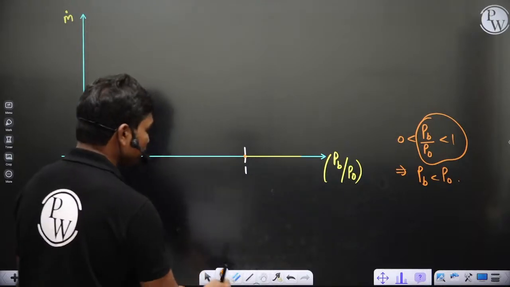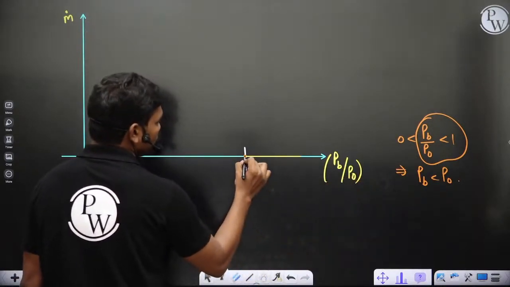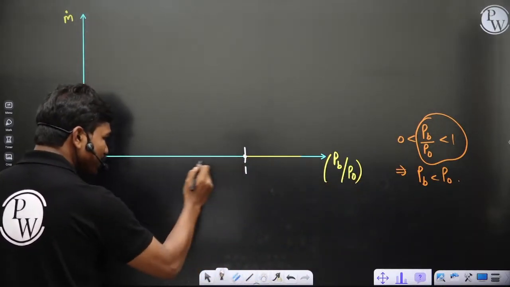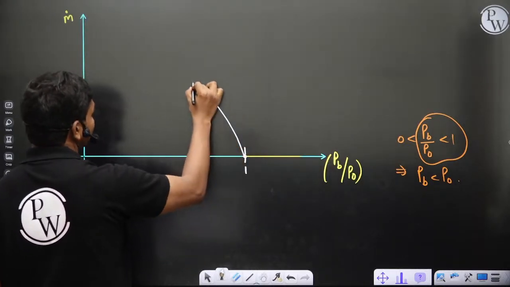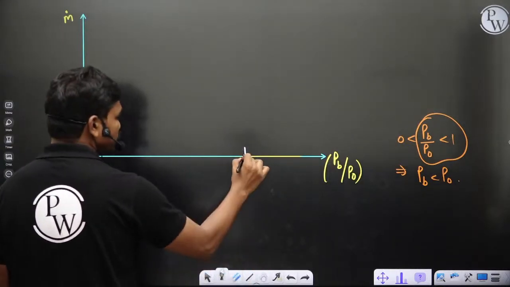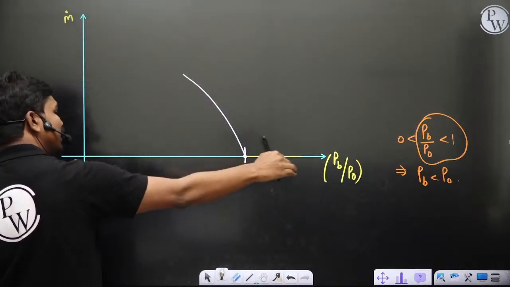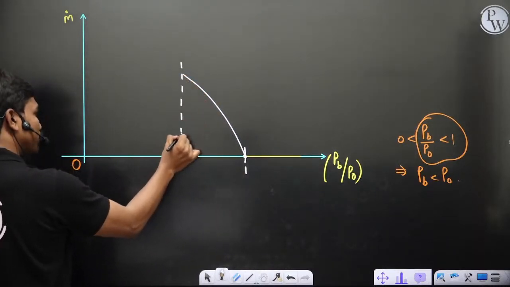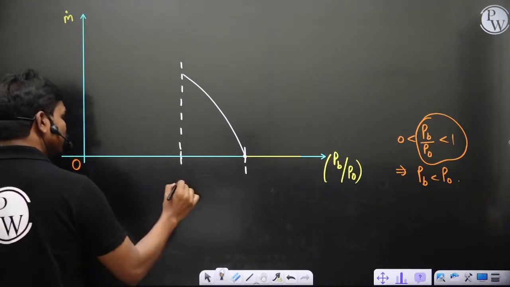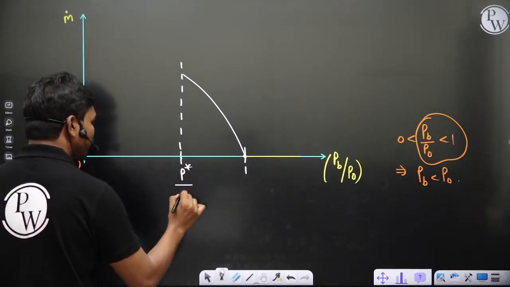As you decrease PB, this ratio keeps decreasing and the flow increases, and there comes a situation where it reaches maximum, where this value is P star by P naught.